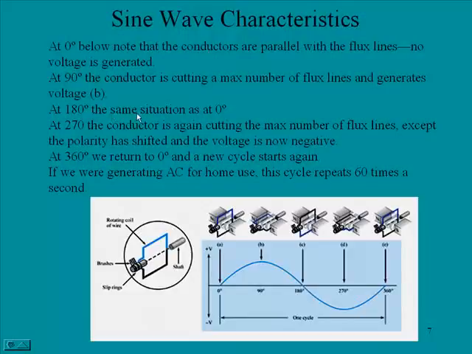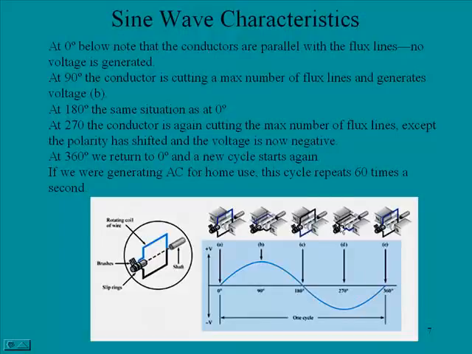At 180 degrees, we're at the same situation we were at 0. Notice again, the coil is parallel again, and we're at 180, but we're at 0 volts. At 270, the conductor is again cutting the maximum number of flux lines, except the polarity has shifted, and the voltage is now negative.